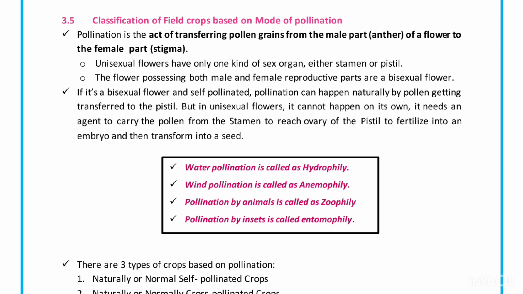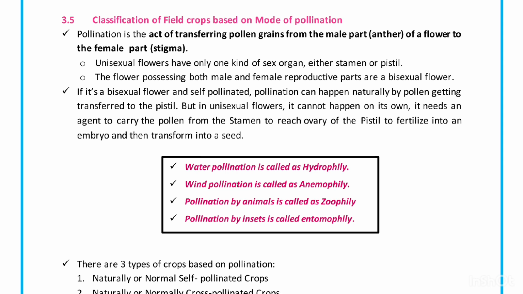You may have studied the structure of a flower, but you must know that there is a female part of the plant and a male part of the plant, carpel and stamens. Female part is known as carpel, and male part is known as stamen.